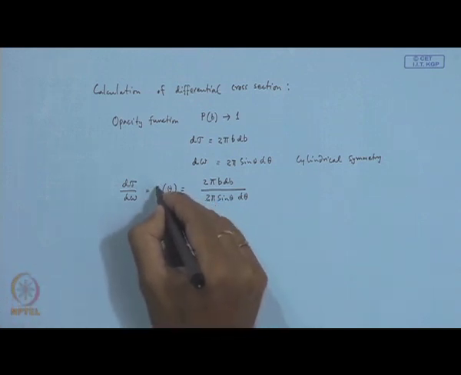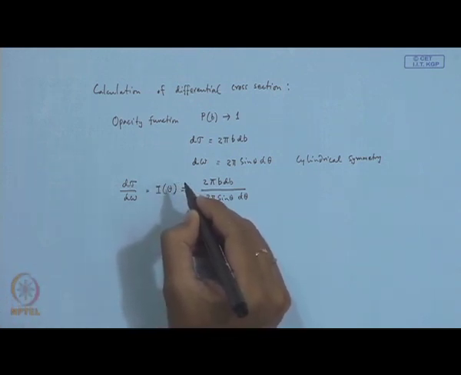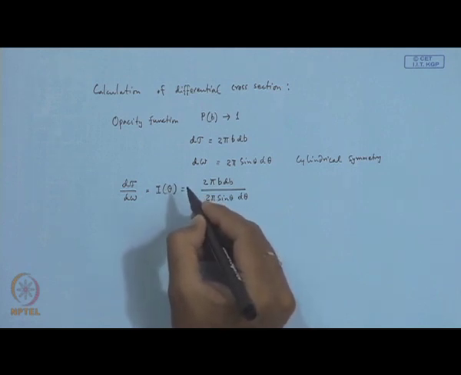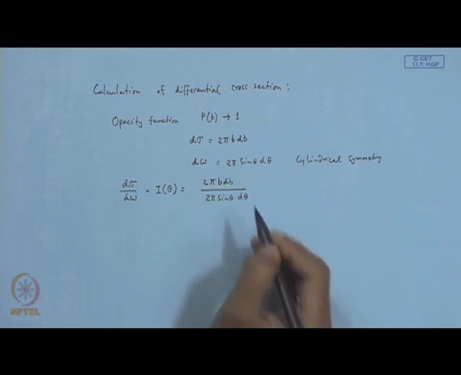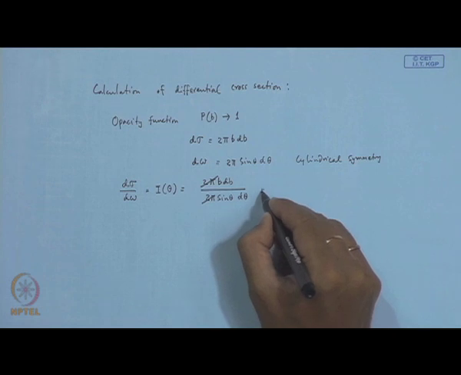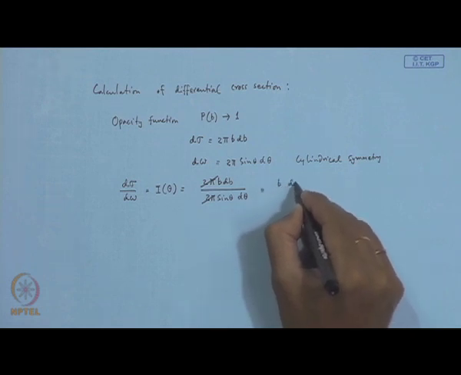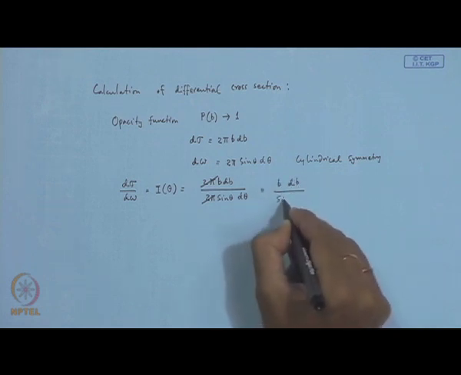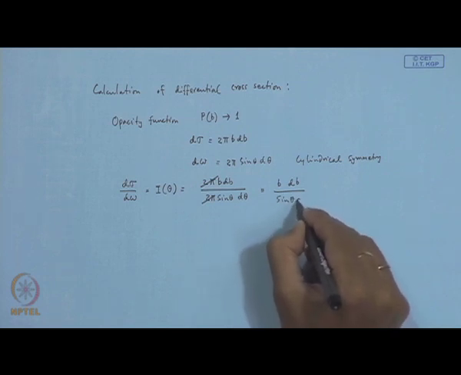Okay, so I theta, that is the differential cross section, which is this. Therefore 2 pi gets cancelled, so b dB divided by sin theta d theta.